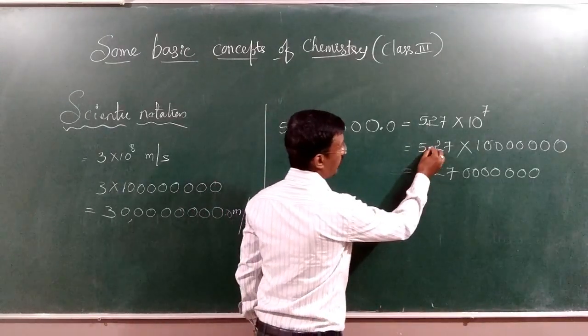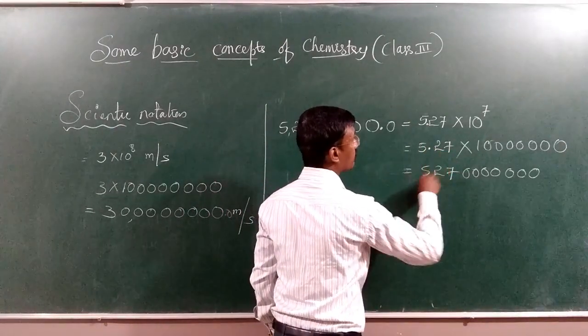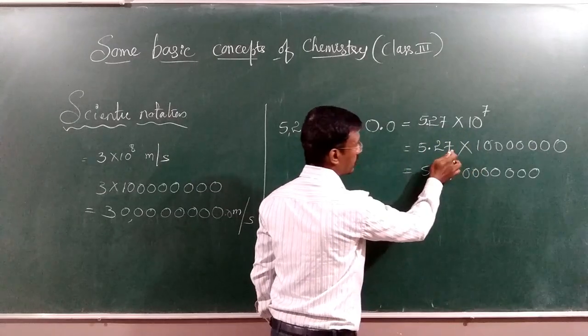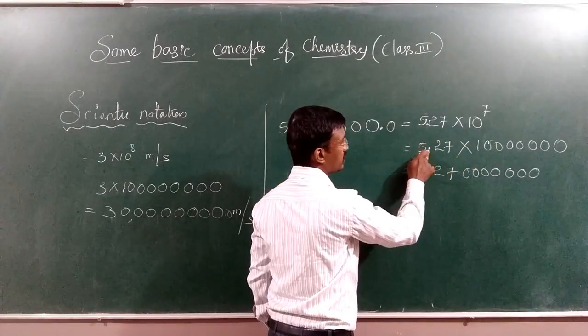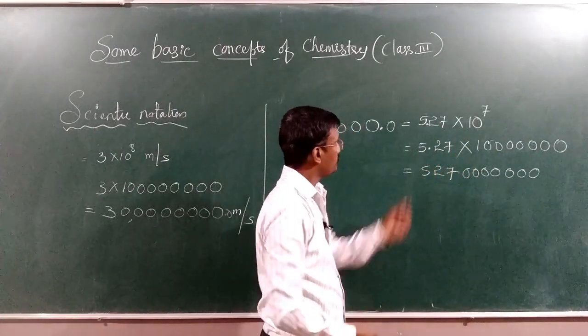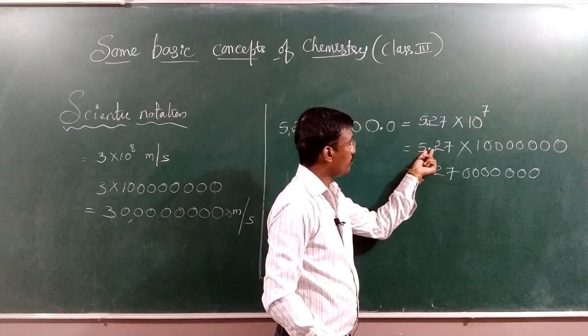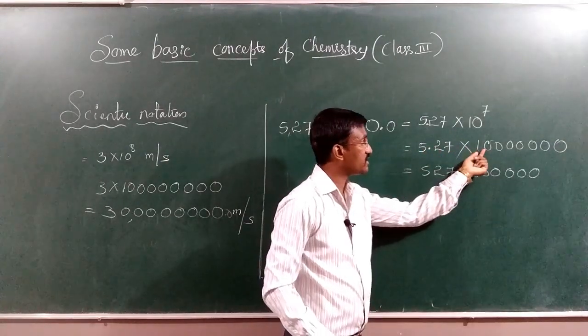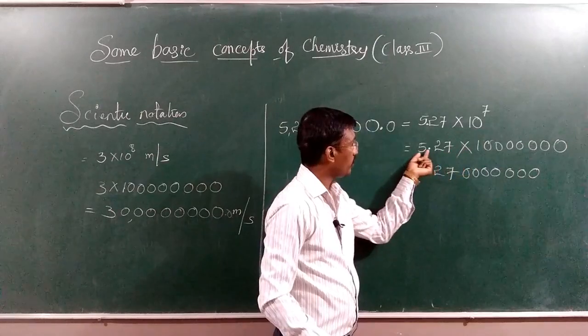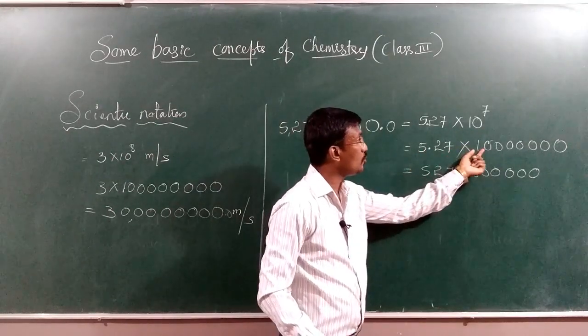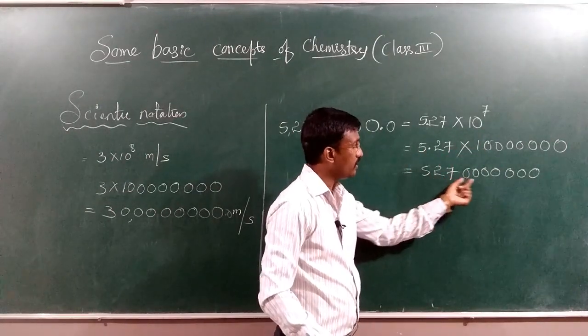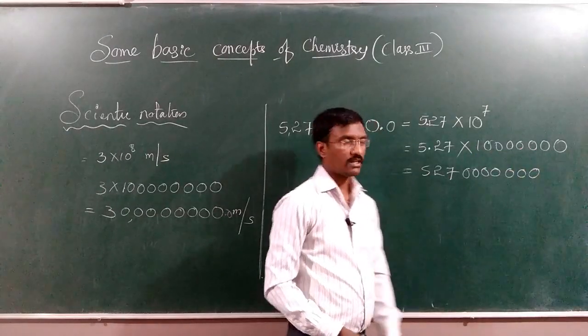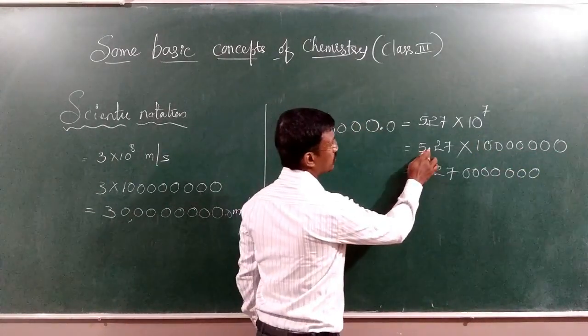Similarly here, the point is after two decimals from the right side. From the right side you have to take 72. After two decimals here, I have left. So after keeping this point, 5.27 by multiplying this by the number 1, I am going to get 5.27 into 1, means 5.27 into these numbers. So it means where I have to put this one.